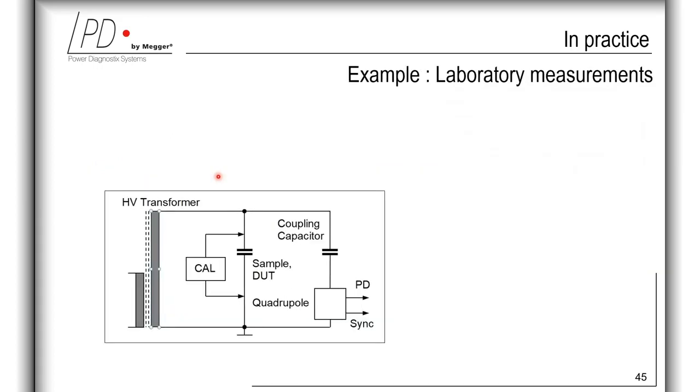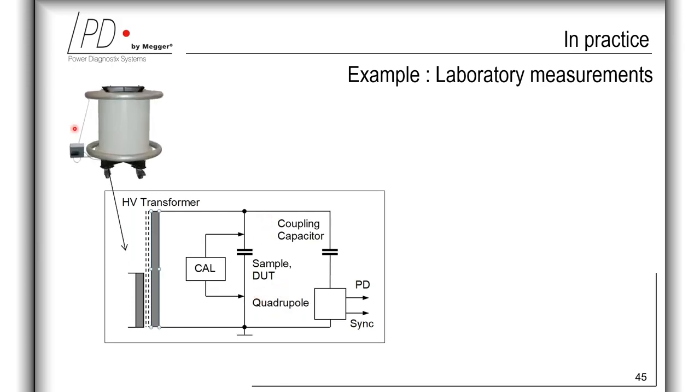Here you see a general circuit of such conventional IEC compliant partial discharge measurements. Firstly, you have the high voltage transformer, and here you have the quadrupole, which is placed at the earth side of the coupling capacitor. Therefore, the test object can be directly connected between the high voltage supply and the earth.